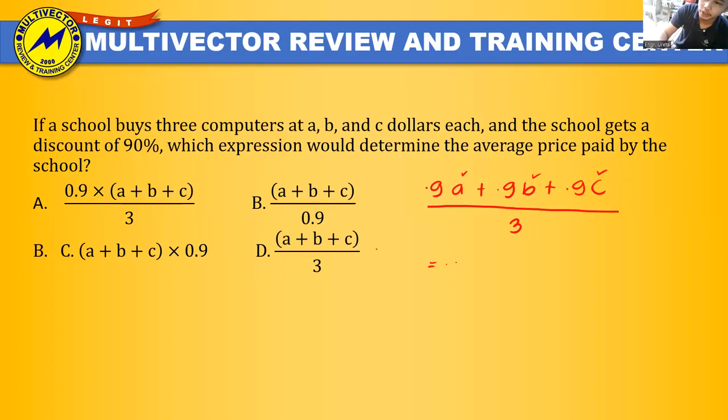So factor out the 0.9: 0.9 multiplied by A plus B plus C, all over 3. So the correct answer is letter A.